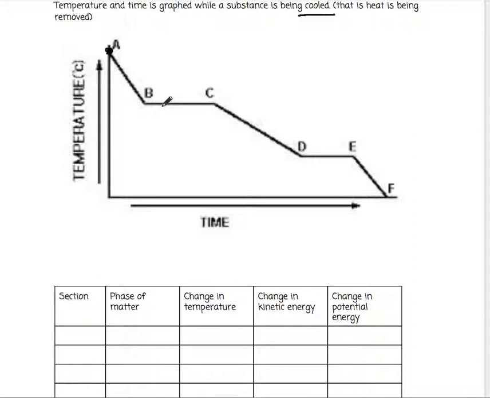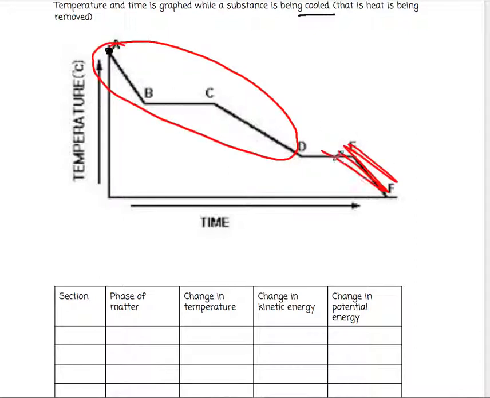There are times, and I should mention this right now while I'm thinking about it, that they might just give you this section of the graph. And if they do that, and this isn't there, they will tell you, this is a cooling curve starting above its boiling point.